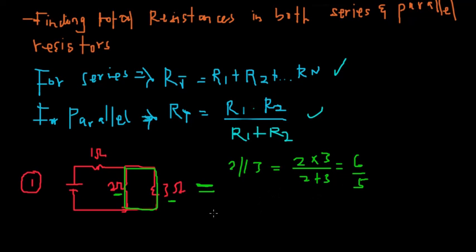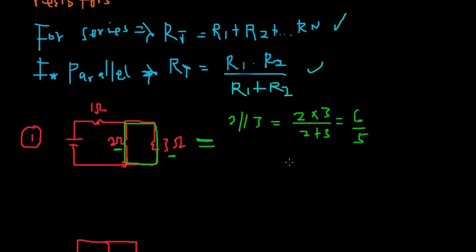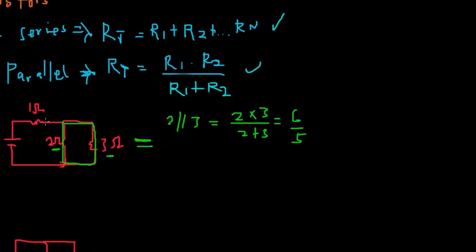Now after finding this, we are not done. We've now been able to find resistors which are in parallel, but we have another resistor over here. So how do we combine this to that? In simple terms, this is what you have to do. We just simplify this into this form. We know that we have a voltage over here, and we keep this resistor, so we have this and then we have that.